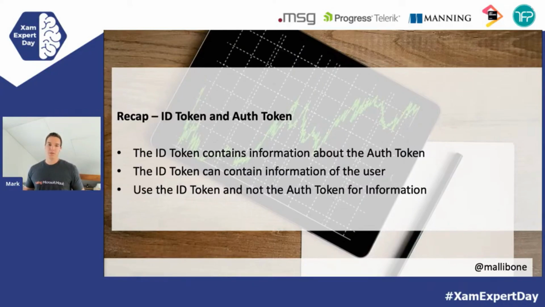It's mainly the default token that you get by the identity server, which I'm using in the backend, but I could add additional information, which can be really useful when using it later on. And again, just use the ID token, not the access token, to retrieve information because it's a bit frowned upon to do that. Or better said, the standard does not guarantee that your app might not break at some point because the server doesn't really have to follow along the rules to keep it a JWT.